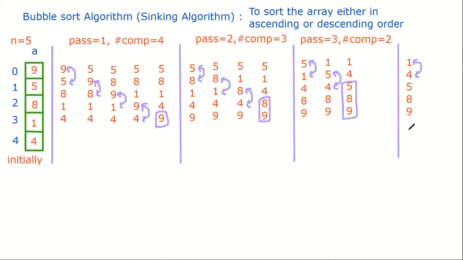The rest need not be done. From the representation, it is evident that 4, 5, 8, 9 are occupying their positions. Noting the number of passes and comparisons, pass 4, that is iteration 4, and the number of comparisons is equal to 1.